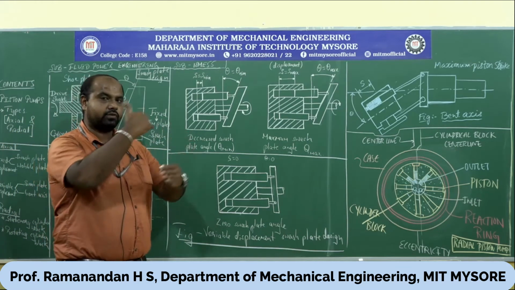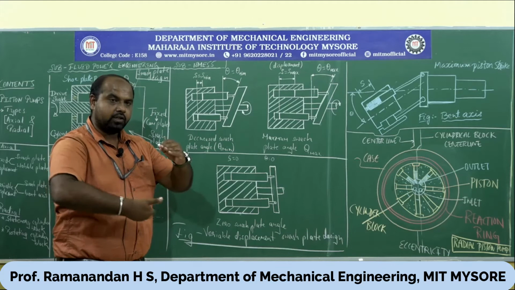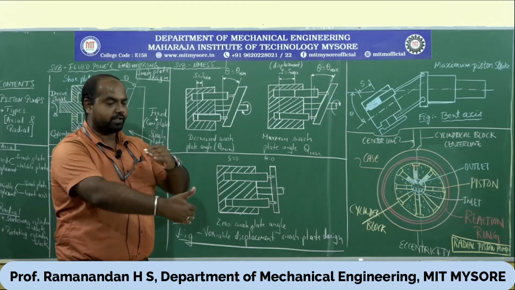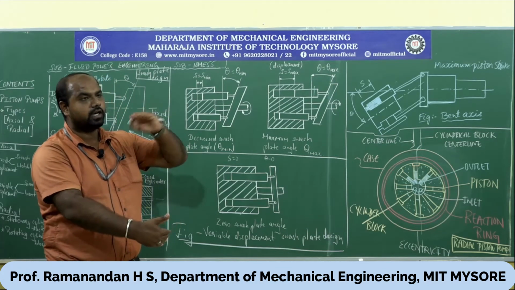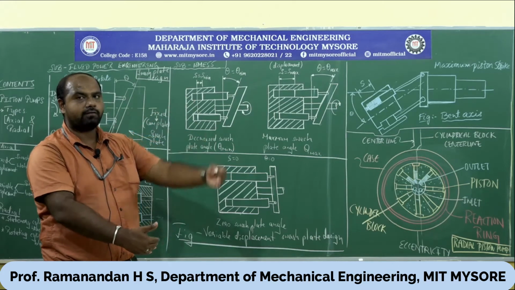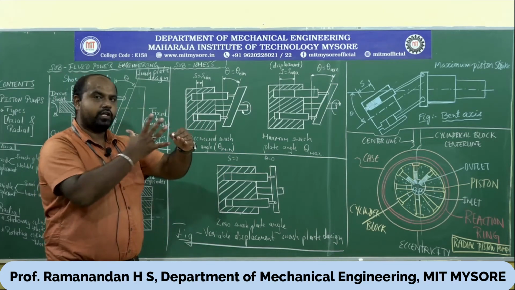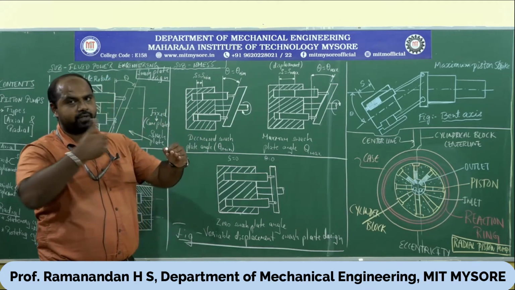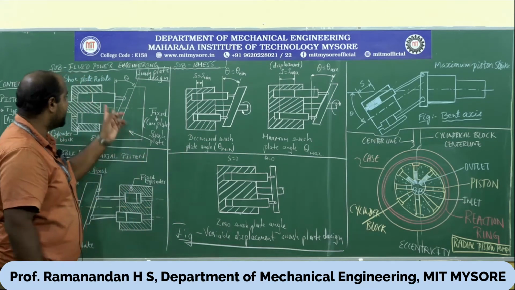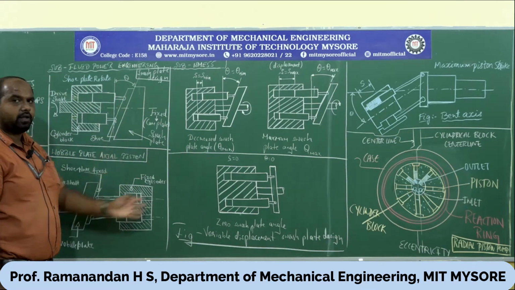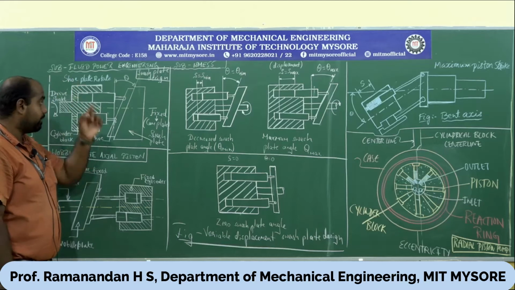Whenever the cylinder comes to the lower half, discharge takes place at a higher pressure. Whenever the cylinder and piston are in the upper half of rotation, suction takes place because of retraction of the piston. On this concept all axial piston pumps are designed.